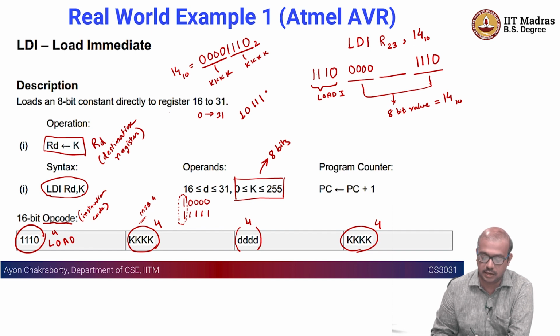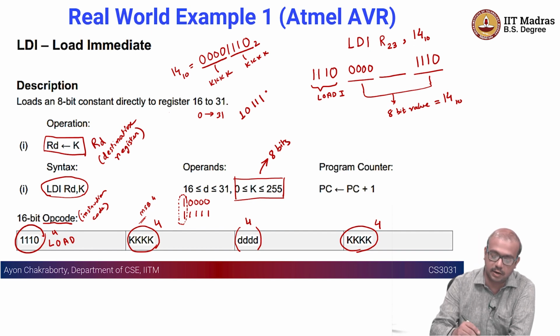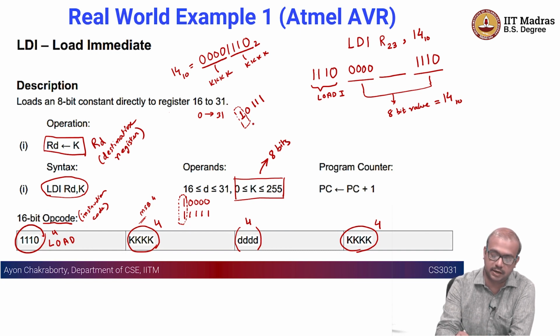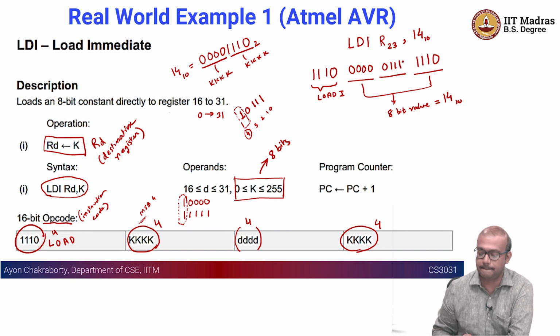Yes, and here, as I initially told, this is going to be redundant, right? Because anything starting from 16 is going to have 1 as the most significant bit, up to 31. Everything is going to have this bit, right? 0th, 1, 2, 3, and the fourth significant bit is going to be 1. So we are going to have this value as 0 1 1 1.